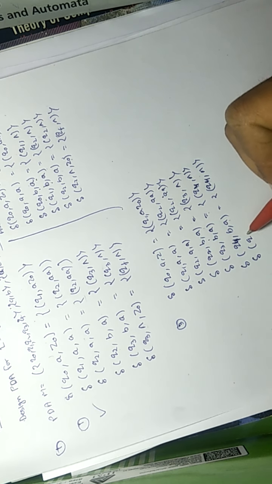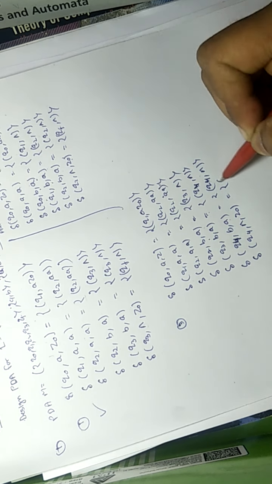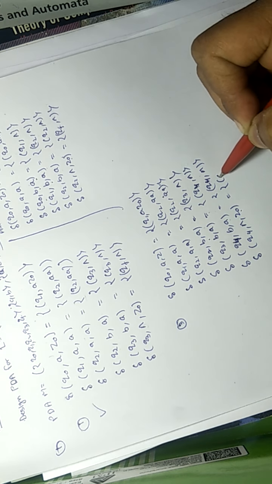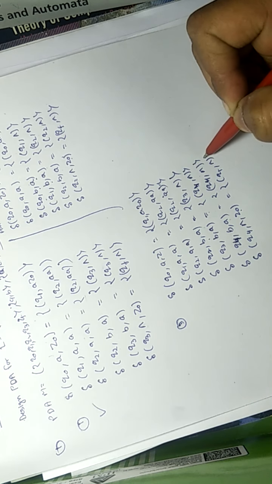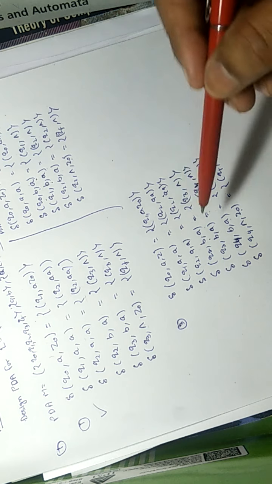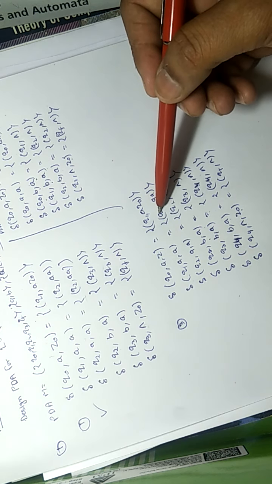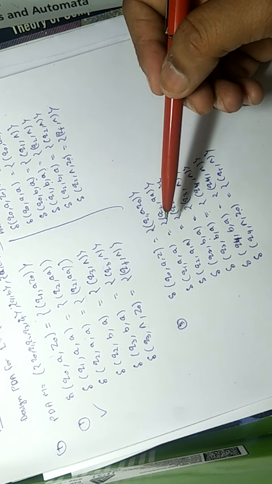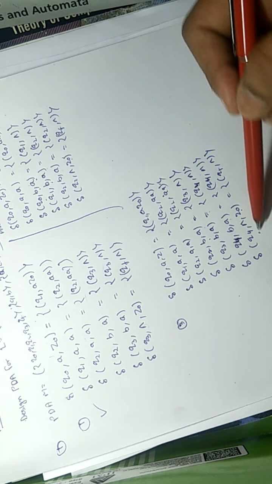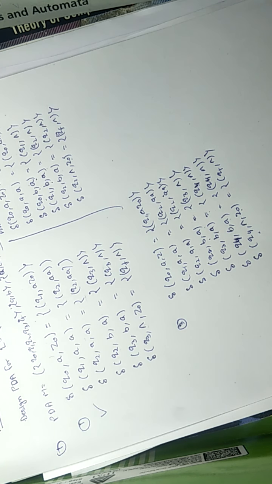Now after reading all input, we reach the stack initial position, and we reach qf. This is also correct, but here we need not ensure moving 2 times, because by moving here 2 times it is sure that we have 2 a's on the stack, and reaching this position it is sure that we popped these 2 a's with 2 b's.